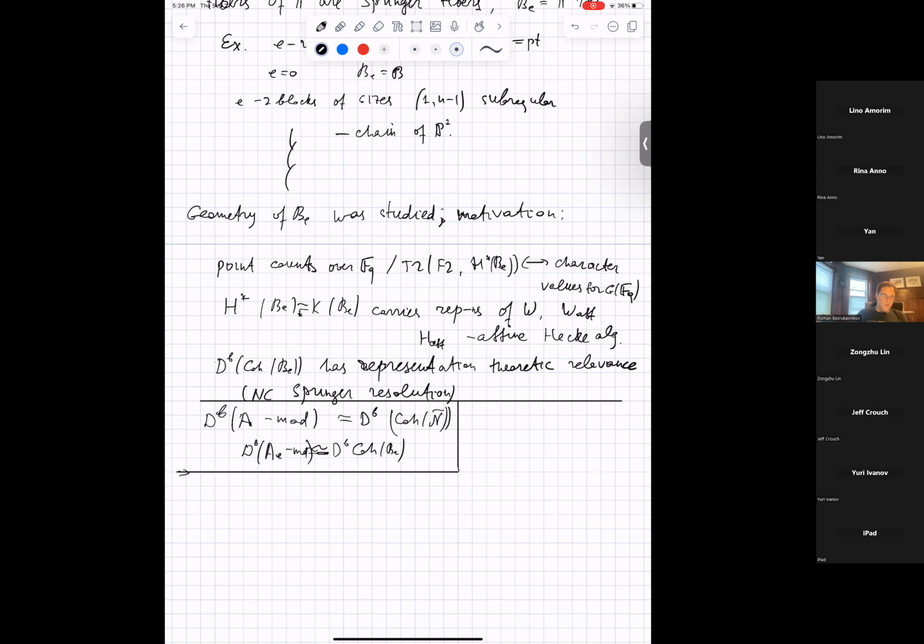Okay, all right, fine. Just before passing to the more general story, I want to mention some key features. So B_e can be realized as sitting in an algebraic symplectic manifold as a singular Lagrangian, which they now call a Lagrangian skeleton.